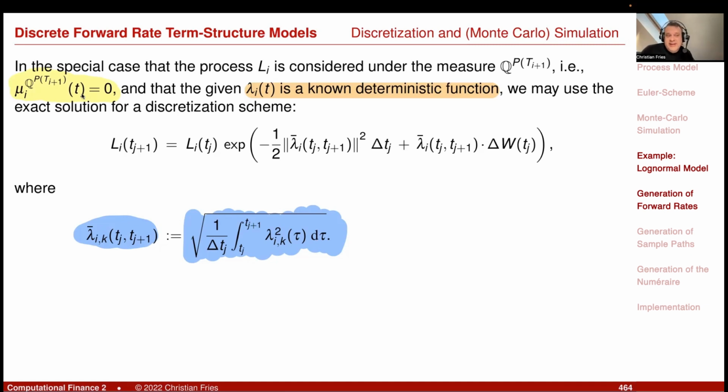So actually, this is the exact solution. So we may use the exact solution as our time discretization scheme to generate the time discretization.